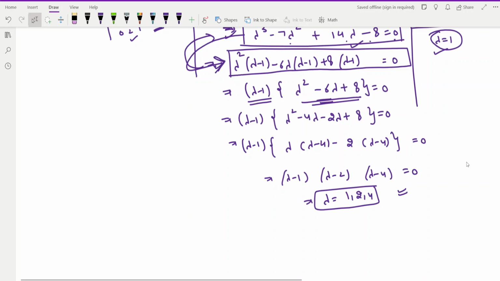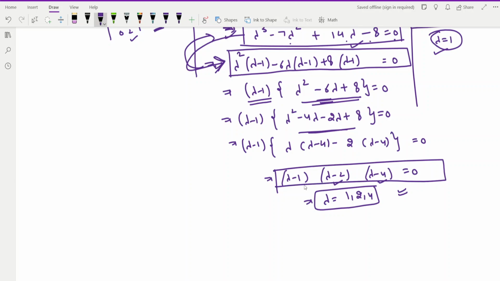Again I factorize it, which gives lambda minus 2 and lambda minus 4. Ultimately we obtain lambda minus 1, lambda minus 2, lambda minus 4 equal to 0, which provides three eigenvalues: lambda equal to 1, 2 and 4.